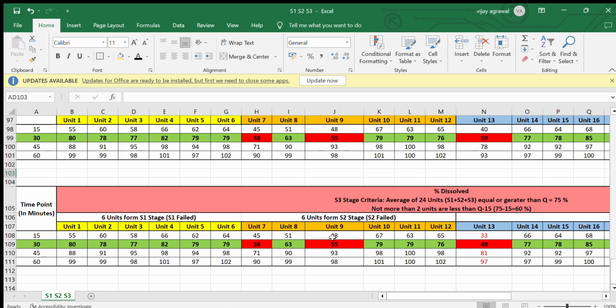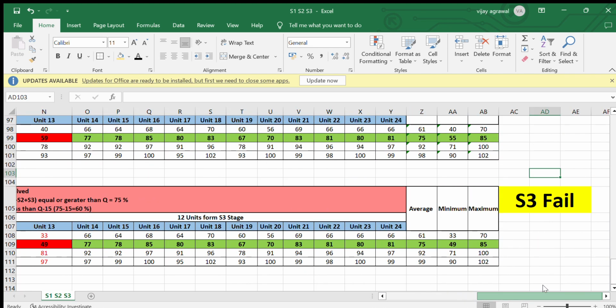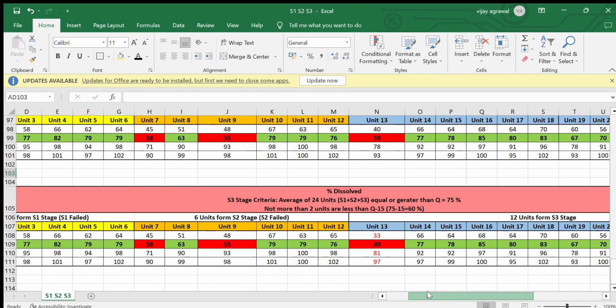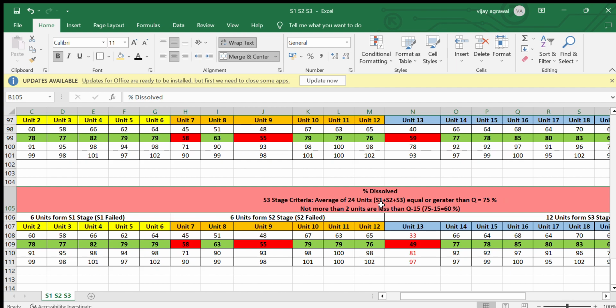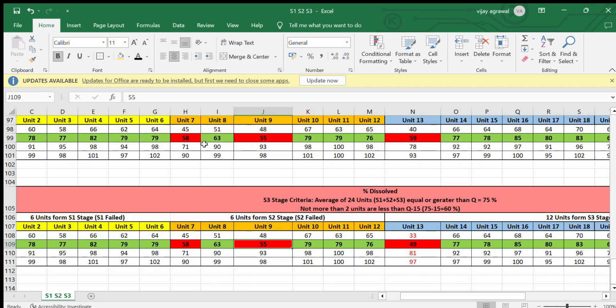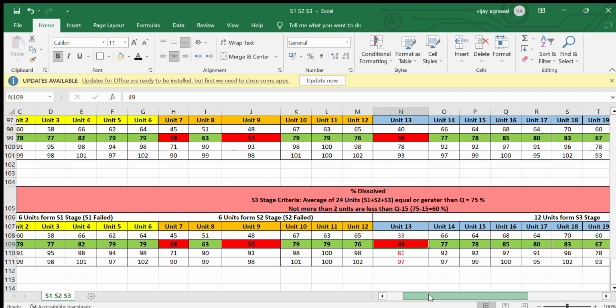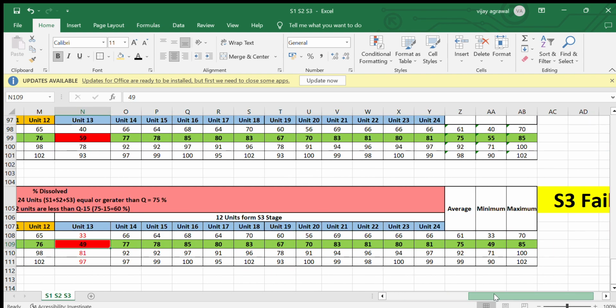Now coming to another example. These examples I am making for your easy understanding. See here, like the above example, 2 units are below 60%, and 1 unit went below 50%. It came 49. So the S3 stage is failing.